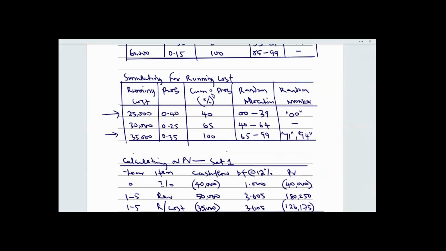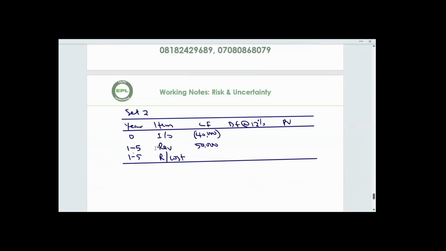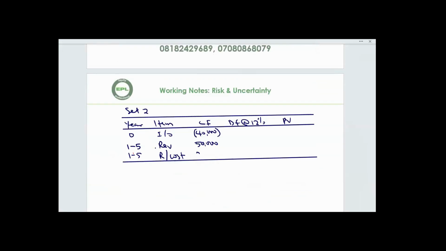Okay, running cost for random number 00 is 25,000 naira. Multiply by 3.605. You multiply to get the present value.